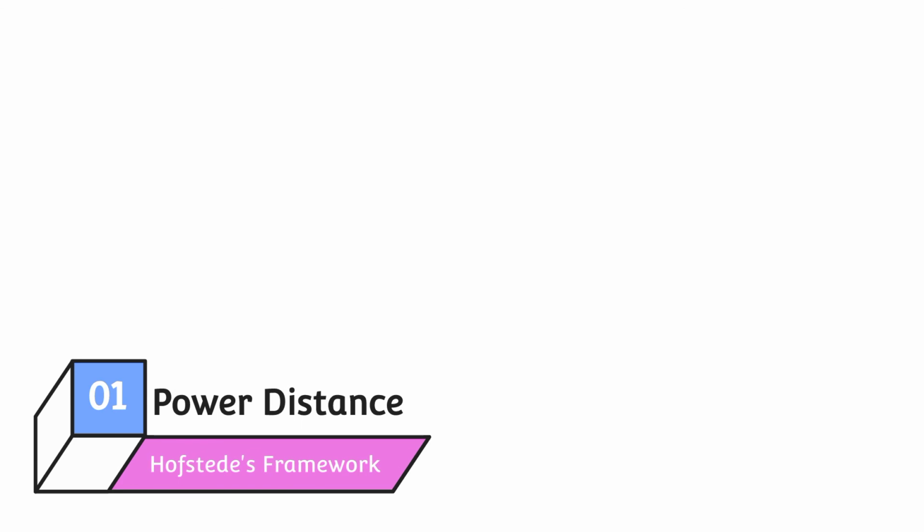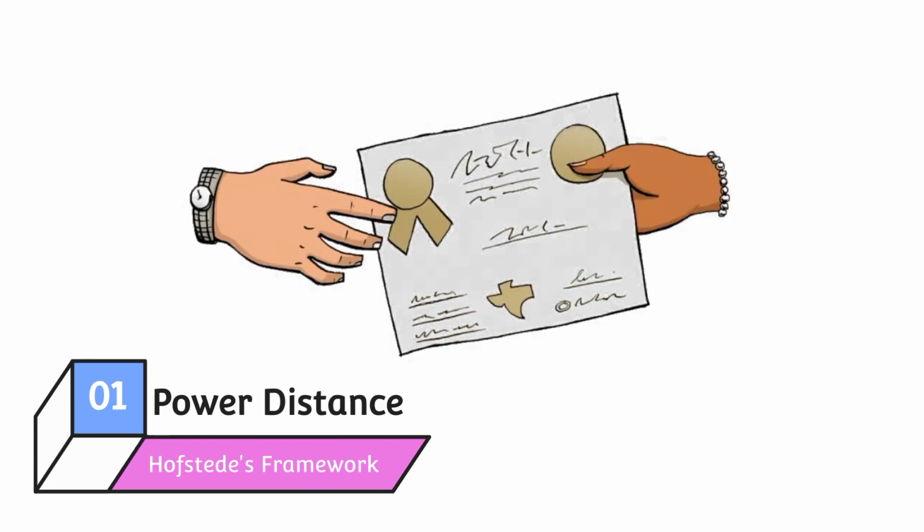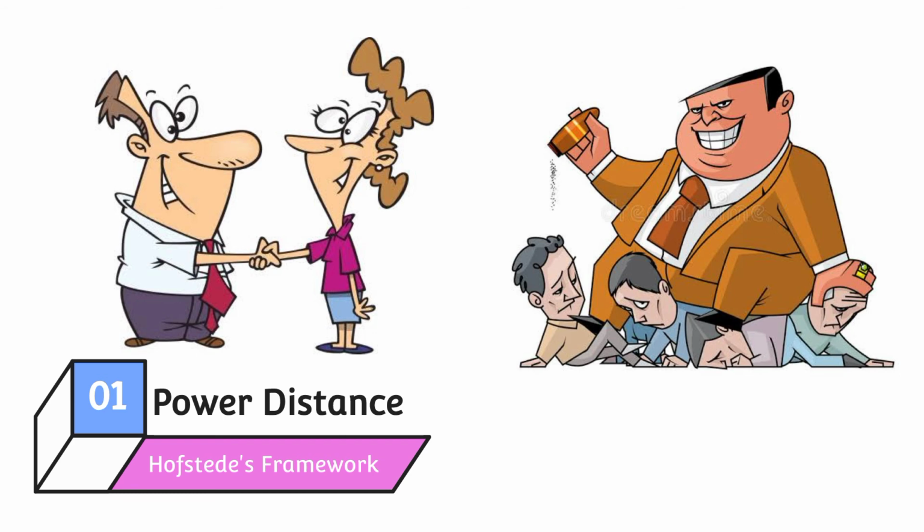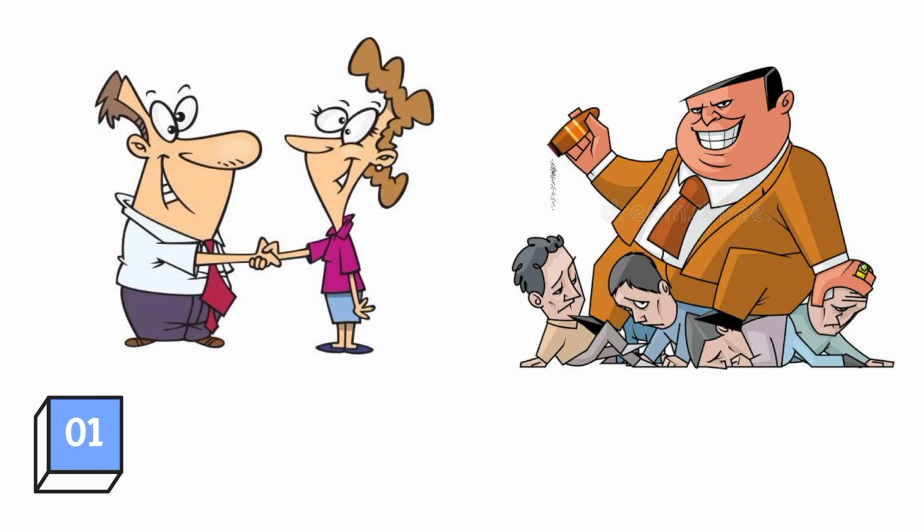Power distance: the extent to which a society accepts that power in institutions and organizations is distributed unequally. Low distance is a relatively equal distribution, while high distance is a relatively unequal distribution.